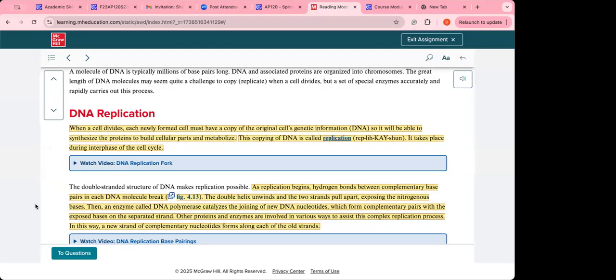The copying of DNA is called replication, and it takes place during interphase of the cell cycle. So let's see.